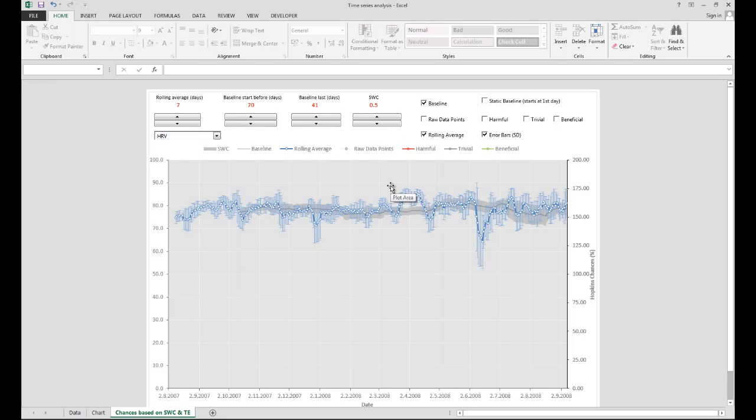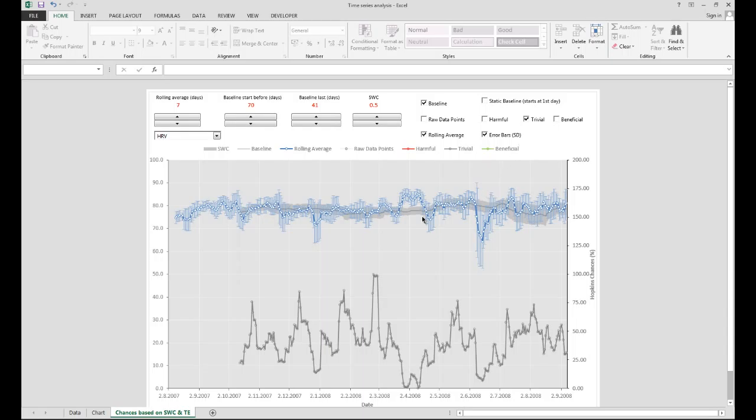So using these 3, we can visualize each of them. As you can see, for a data point that's inside of the baseline, and the error bars don't go much above the baseline, the chance of acquiring a trivial effect is going to be very, very high.